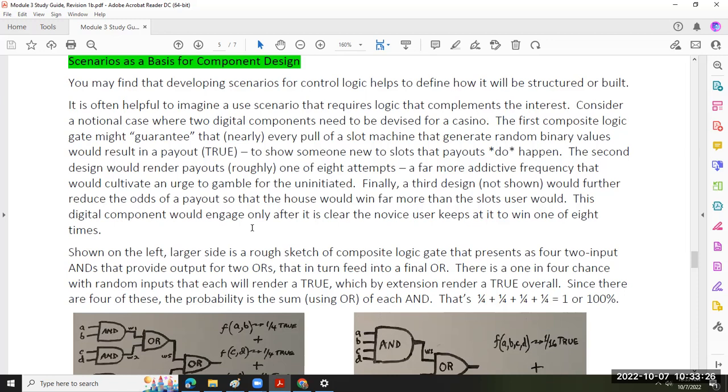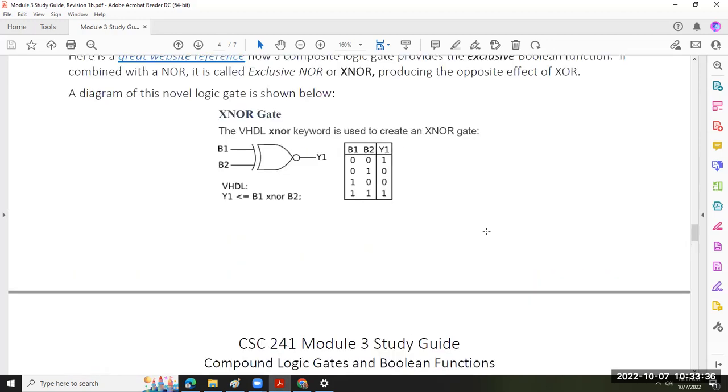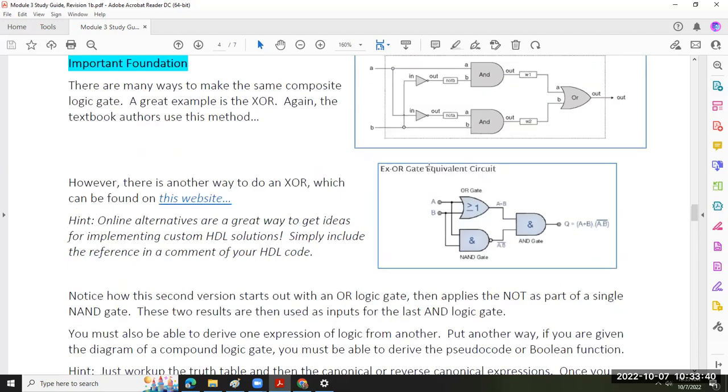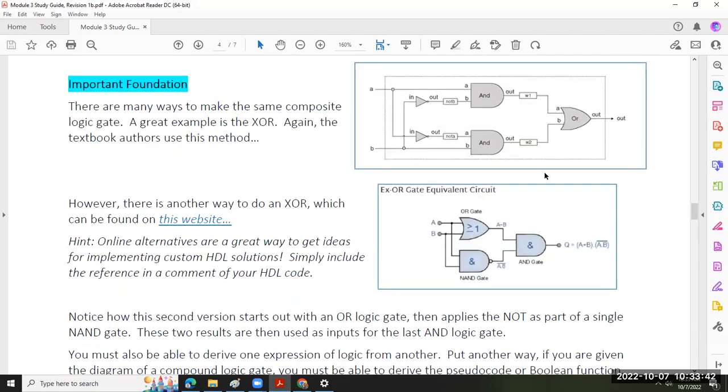I know, but I want to give you a scenario where the use of logic gates can be used. Remember, we said that sometimes it makes sense for you to have a component with fewer logic gates, and it makes sense that you could have the same component with more logic gates, depending on the scenario.